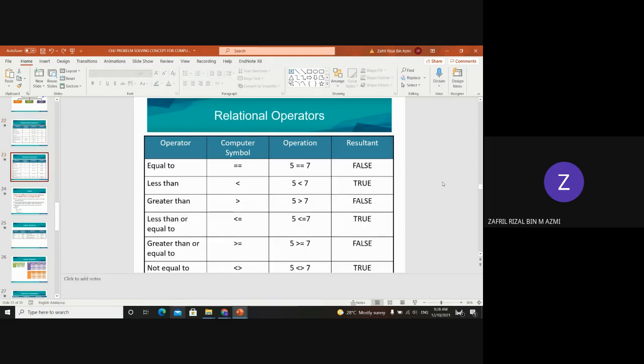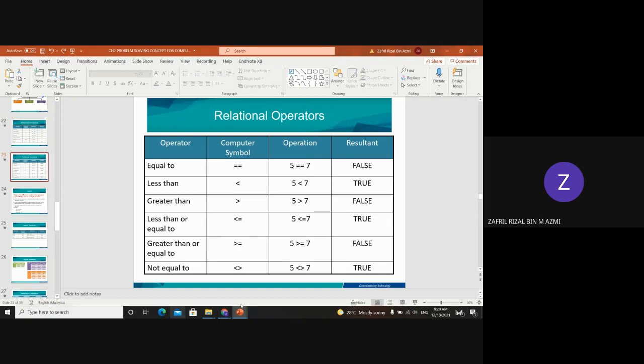The next is relational operators. We use relational operators to compare two or more values. That's why you see the result is not numeric. The result is logical: false or true.